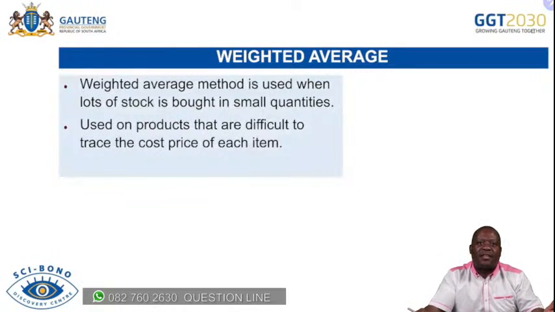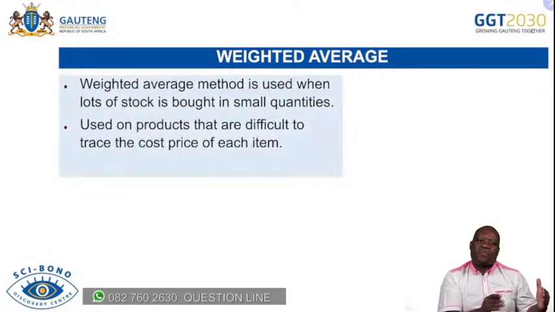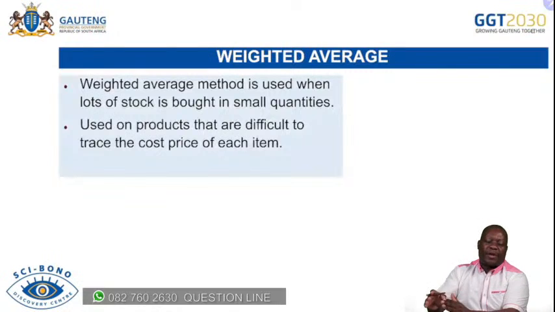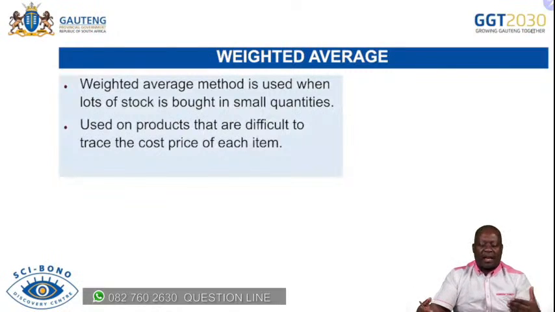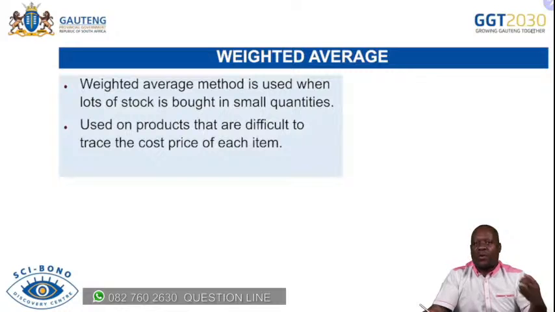Because of that, we can't separate the fuel and say this was the 19 Rand fuel and today we have got the 20 Rand fuel. Because of that, we can only find the average price per liter of fuel, and then we are going to use that as our average price.